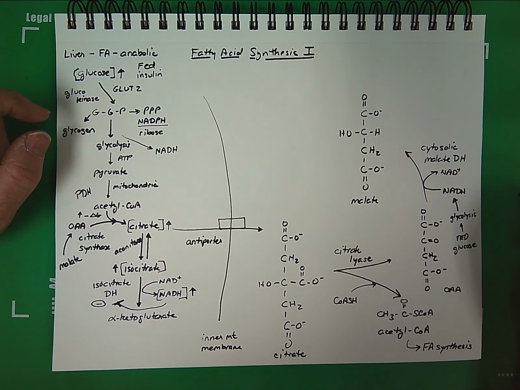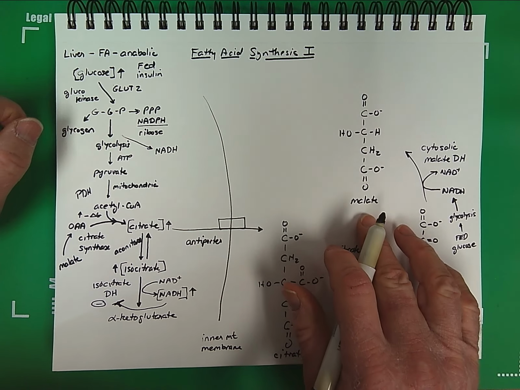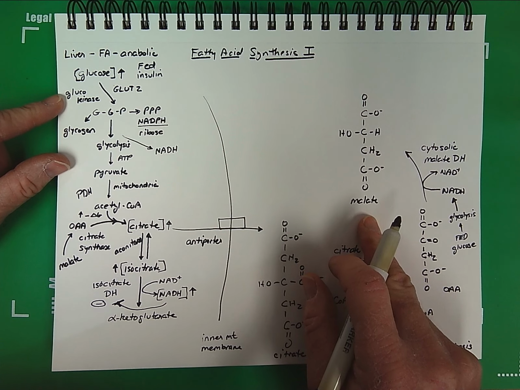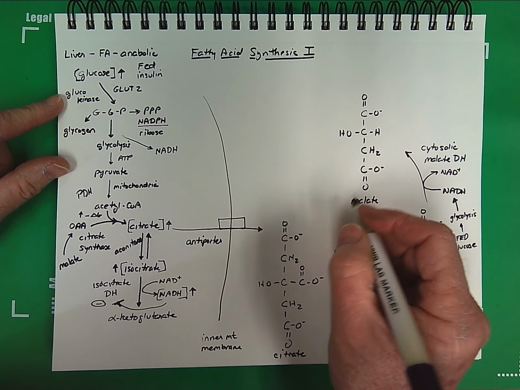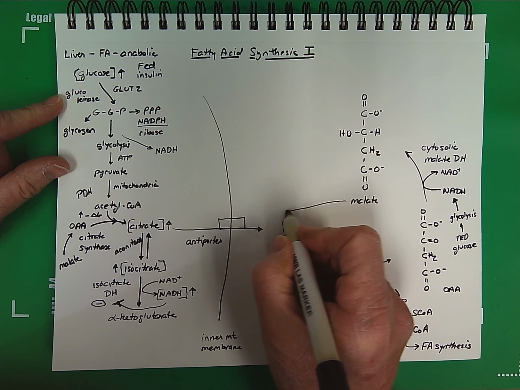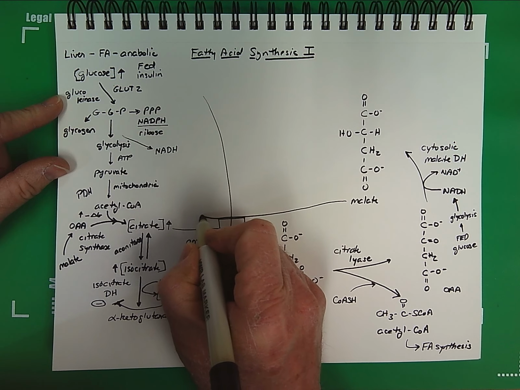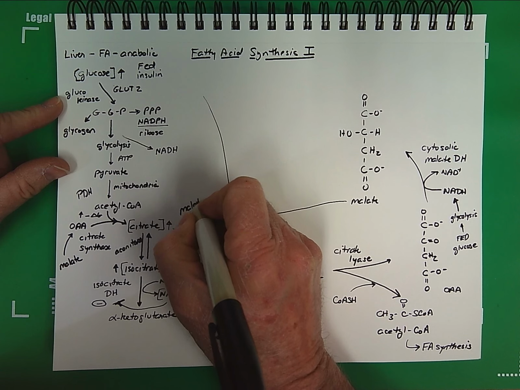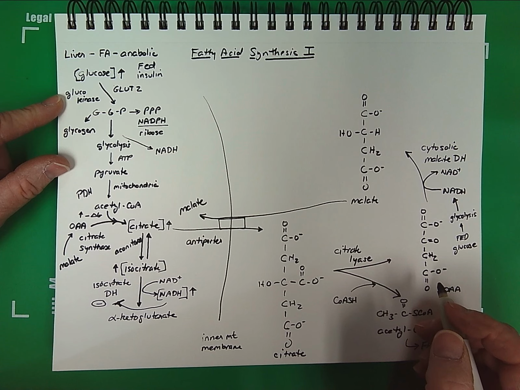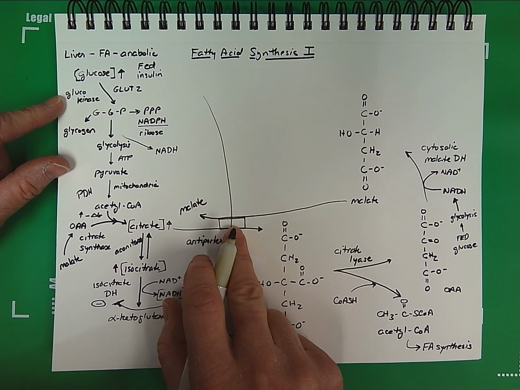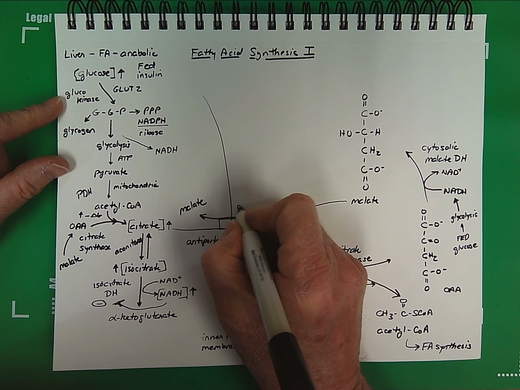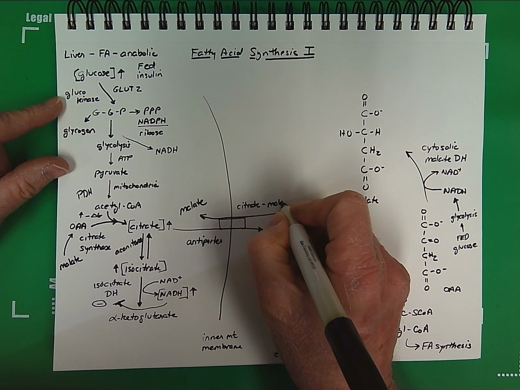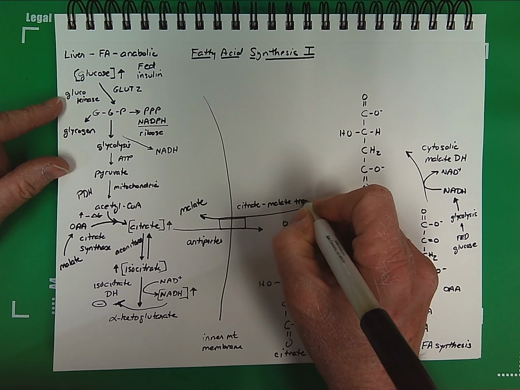Now malate, once we form malate in the cytoplasm, it has two directions it can go. The first direction is that the malate can now be transported back into the matrix of the mitochondria. Thus, this shuttle system, this antiporter, is called the citrate malate transporter.